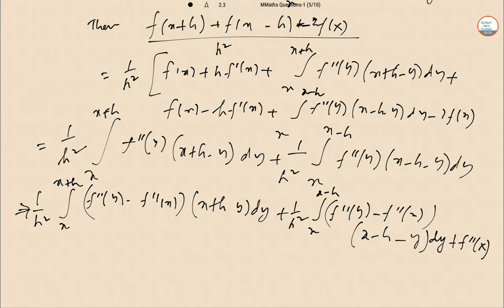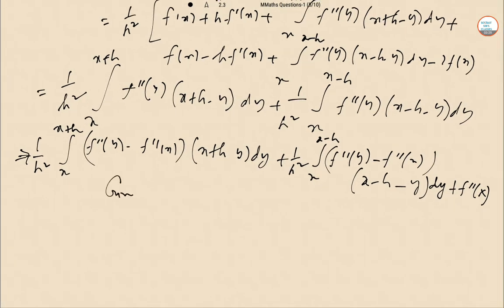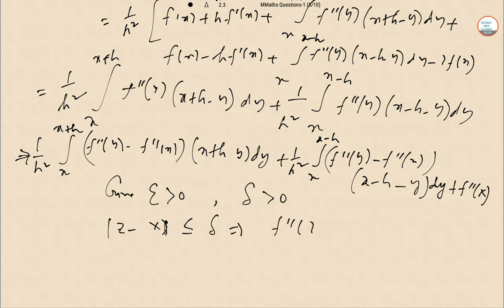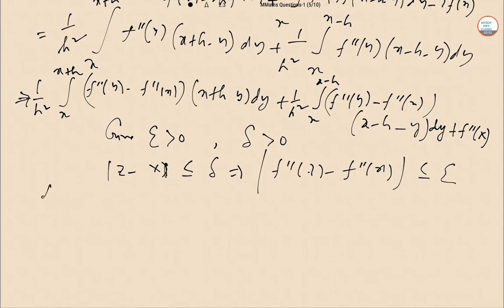So we use the continuity of the second derivative. Given epsilon greater than 0, there exists sigma greater than 0 such that if |z - x| is less than sigma, then |f''(z) - f''(x)| is less than epsilon. Now let |h| be less than or equal to sigma.